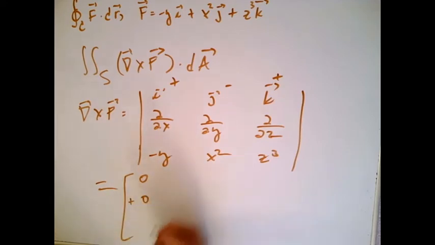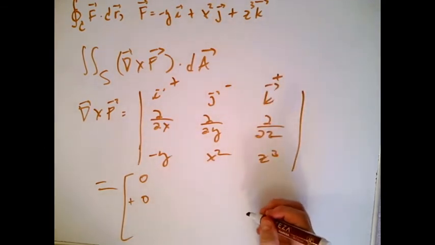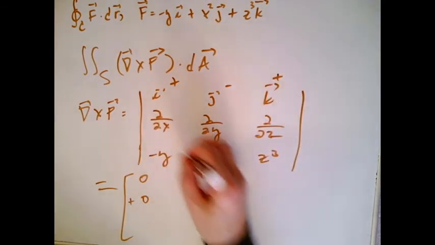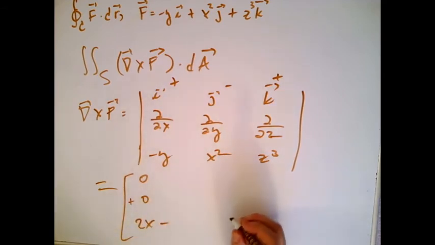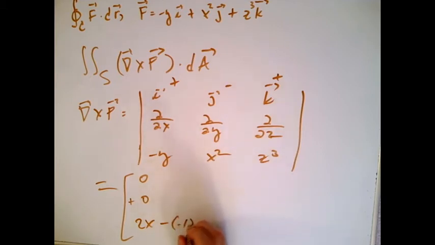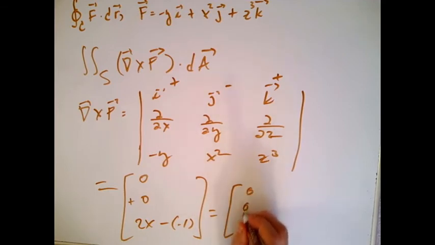Now for the last one, I cross off the k row, I cross off the k column and just see what's left. I'm finally getting something. I get the partial with respect to x of x squared, that's 2x, and then minus the partial with respect to y of minus y, that's minus minus 1. So our curl vector is just the vector 0, 0, 2x plus 1.